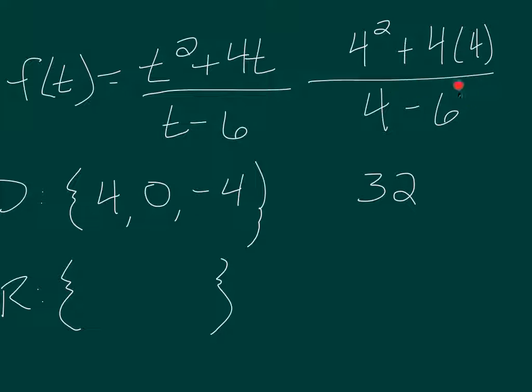And on the bottom, 4 minus 6, which will give me negative 2. I know 32 divided by negative 2 gives me negative 16. So the first part of my range is negative 16. That value works for our first x value of 4.